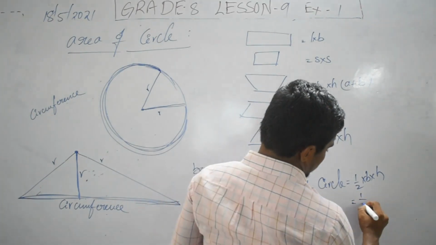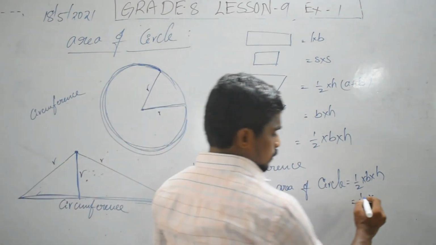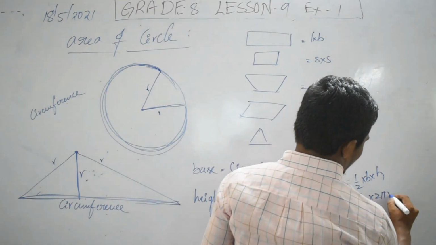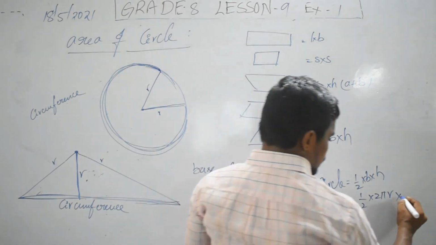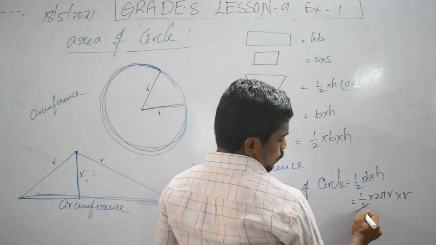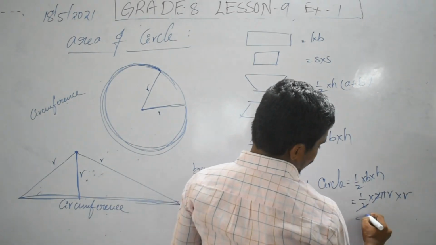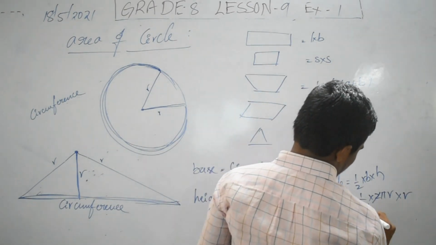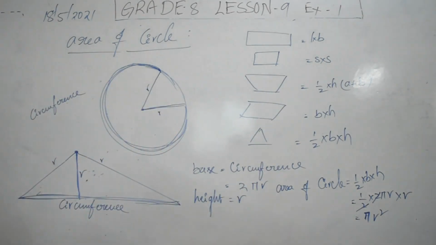Now half into base 2 pi r, height r. Here see, so 2 cancels. Pi r square.